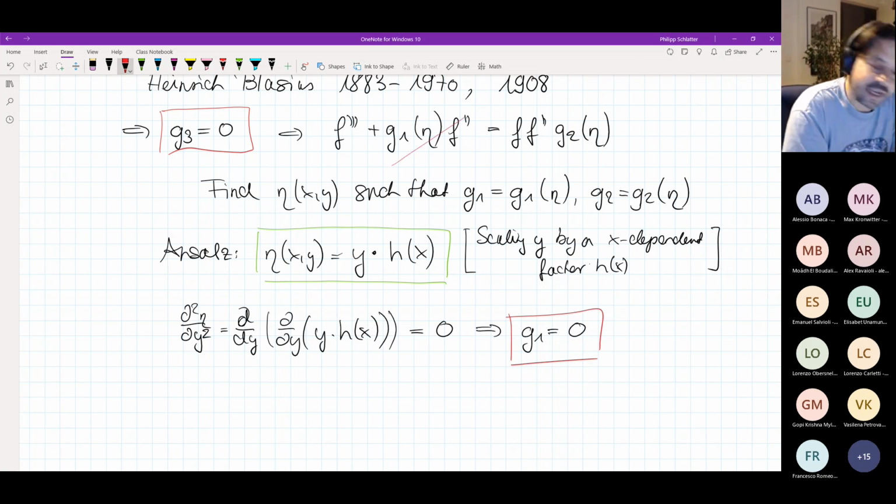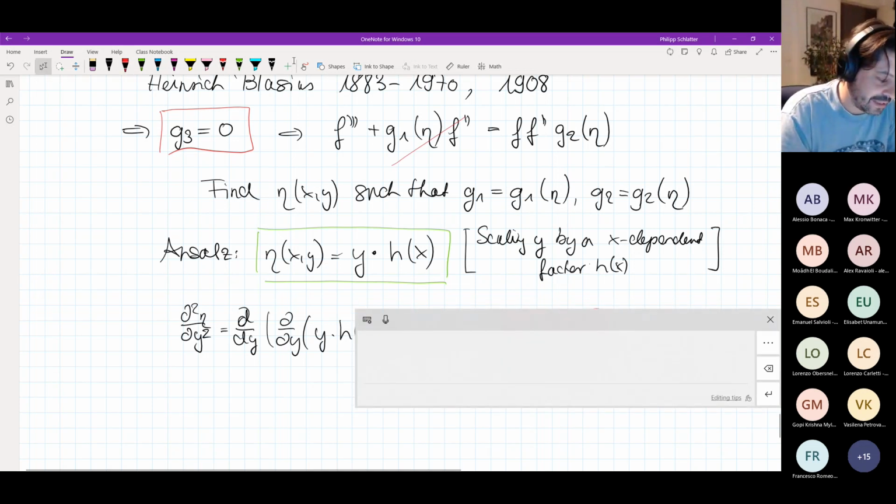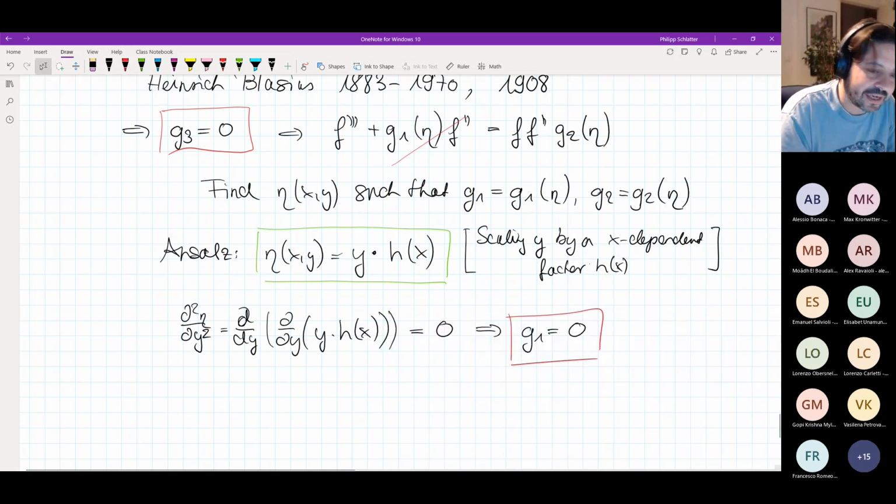Now this means that this term actually disappears as well. And of course that's very nice because it makes our equation much simpler. So now it all depends on whether or not we can define a G2 that is independent of x and y. So that was this one. And then the second point would be to look at G2.